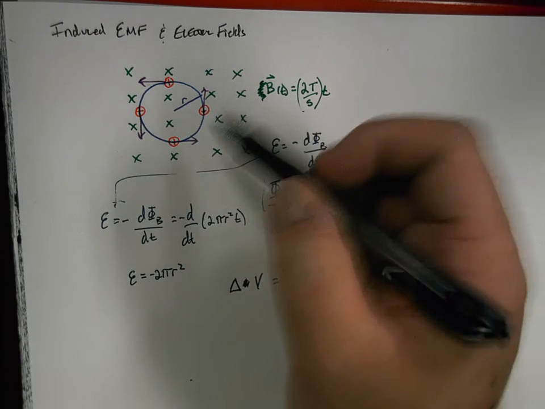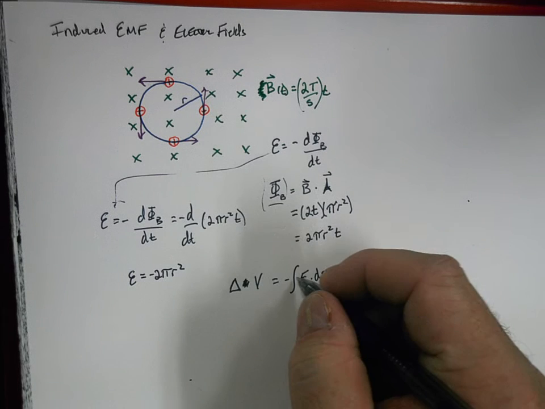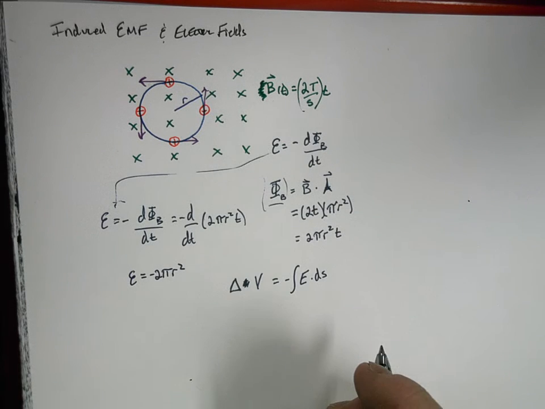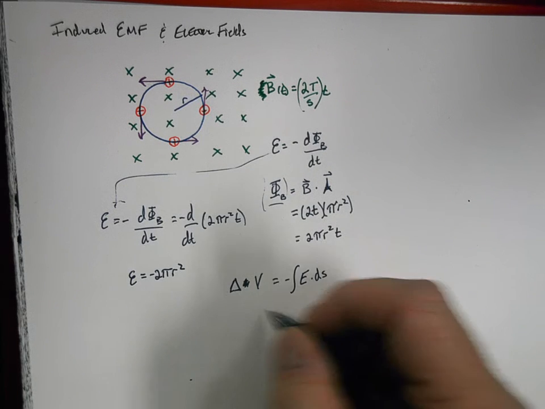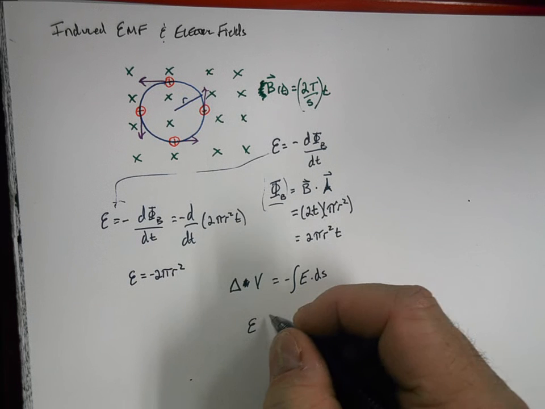But if we go all the way around this loop, doesn't this become a line integral? Where this would become our EMF.